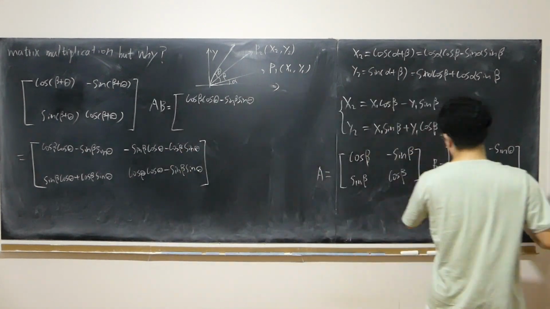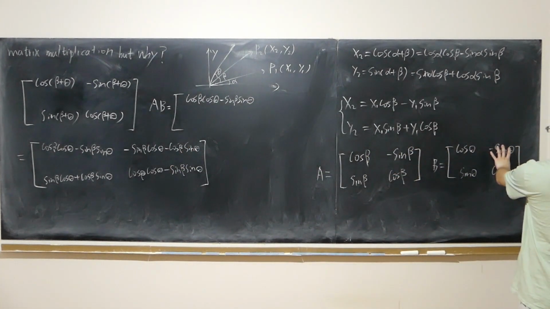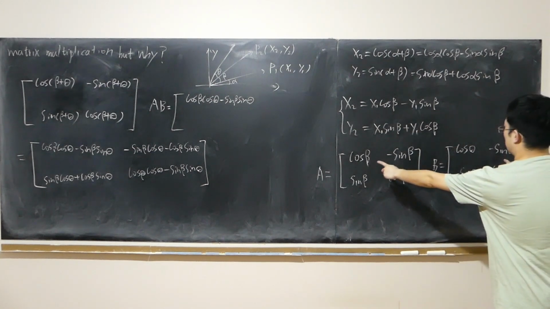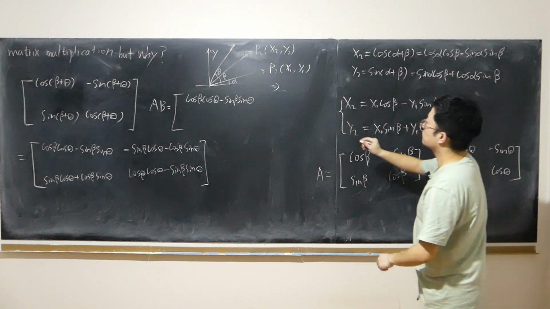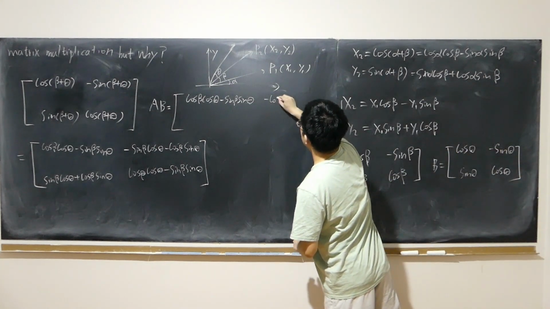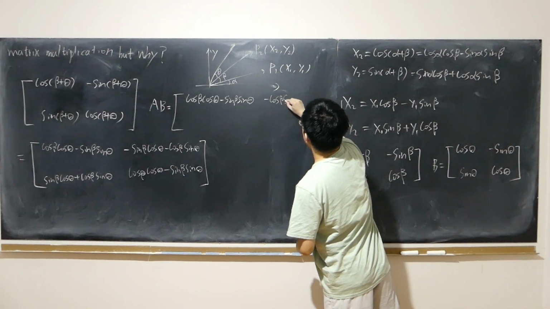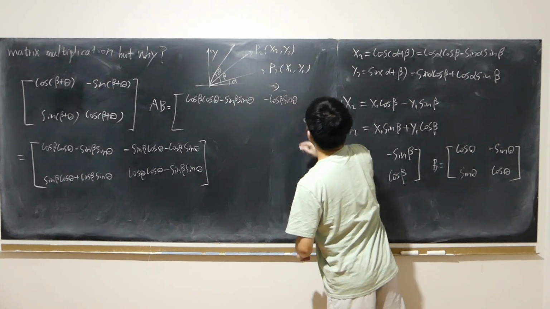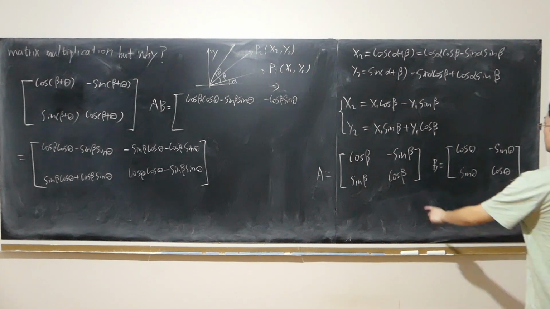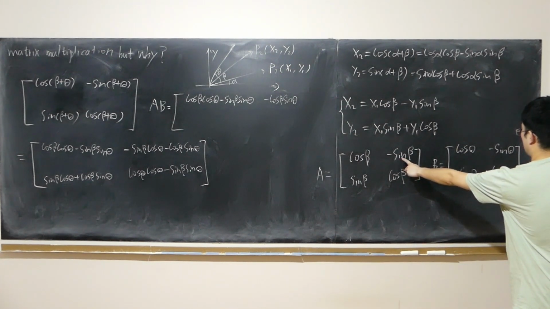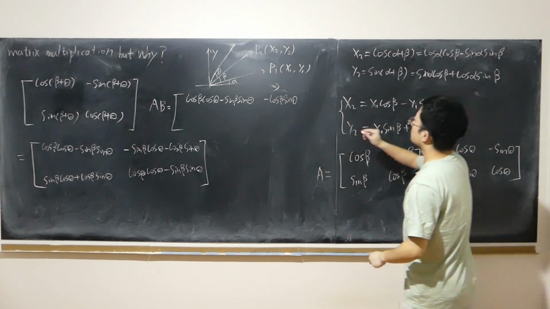Second entry, first row multiplied by second column: negative cosine beta sine theta, and negative sine beta cosine theta.